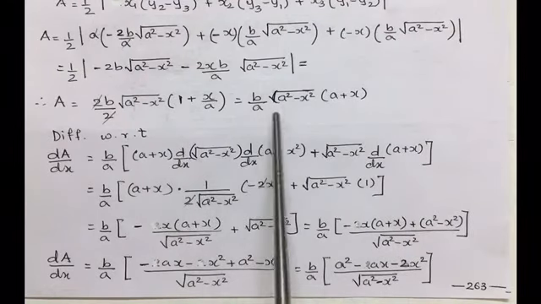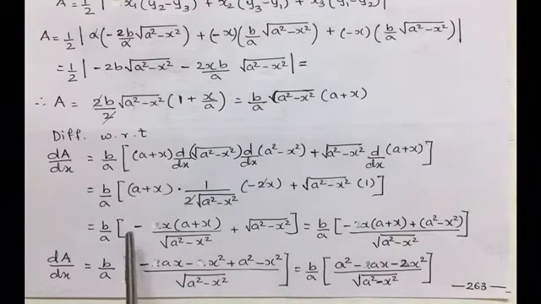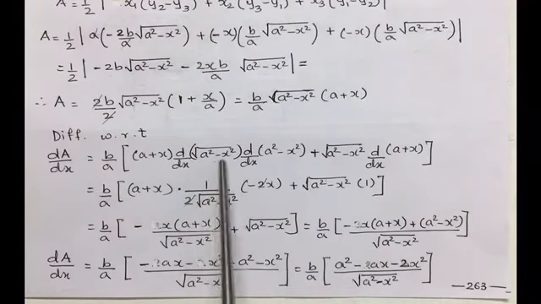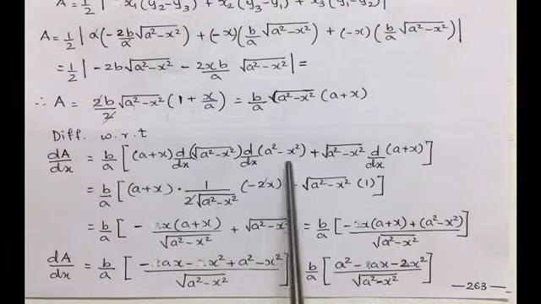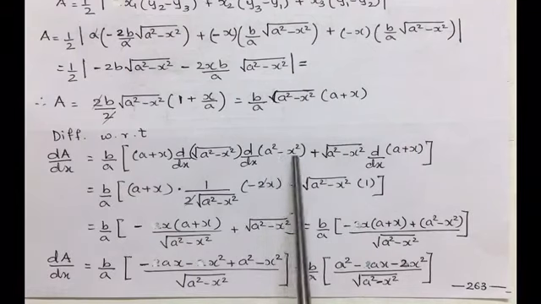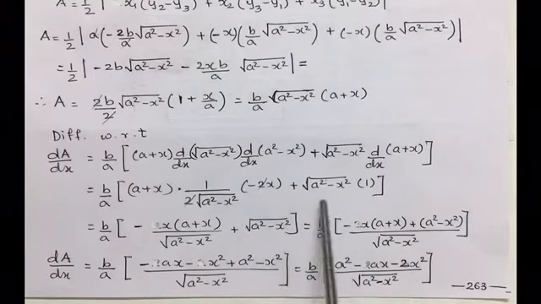So using the multiplication rule for differentiating, a plus x remains as it is. Derivative of root a square minus x square is 1 upon 2 root a square minus x square. A square derivative is 0 as it is constant, and x square derivative we get minus 2x.